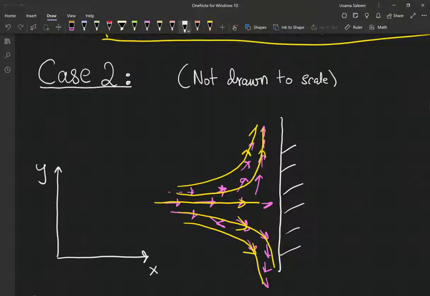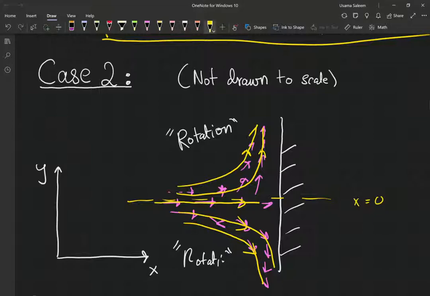But now you can see that there's a rotation above x equals 0, and there's a rotation below x equals 0. The rotation above is counterclockwise, and the rotation below is clockwise. So the rotation above has a positive curl and the rotation below has a negative curl.